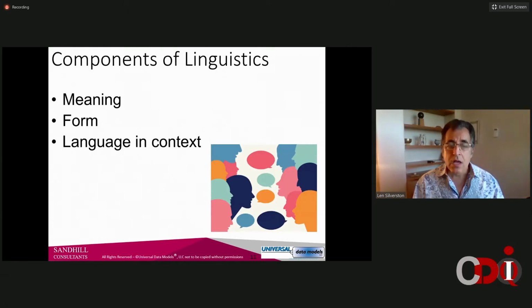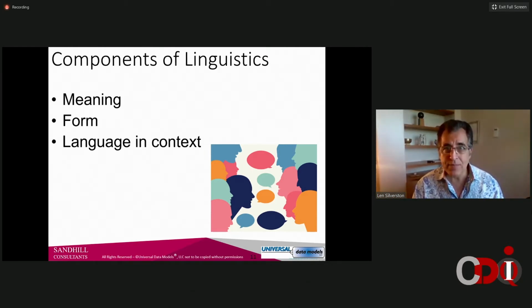So in this talk, I'm going to be referring to three aspects of linguistics. One organization that was in my class hired a professional linguist, and there were 6,000 terms. And this is not a bad idea to do. As a matter of fact, it's a great idea to do on a Business Glossary.